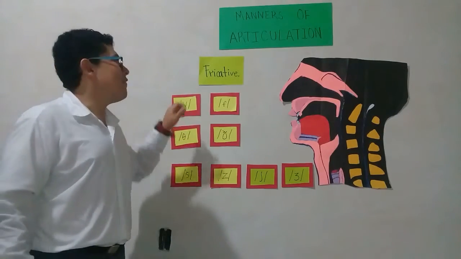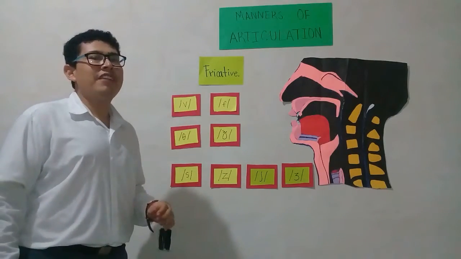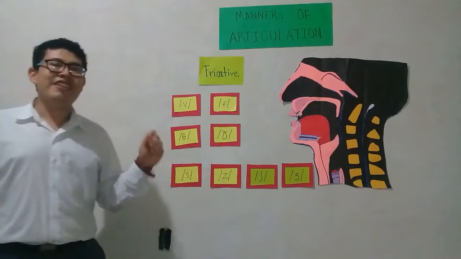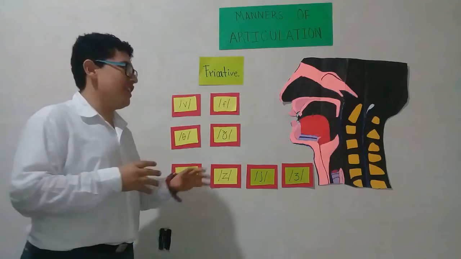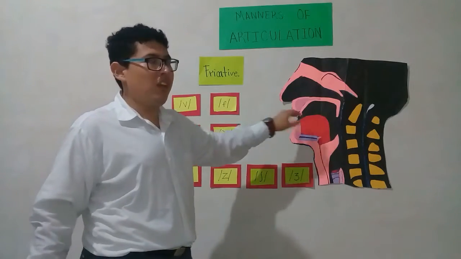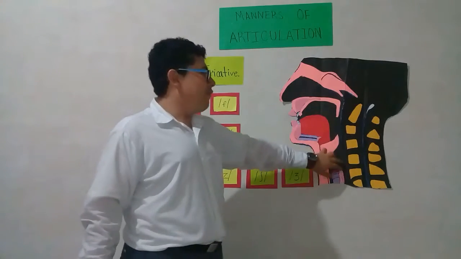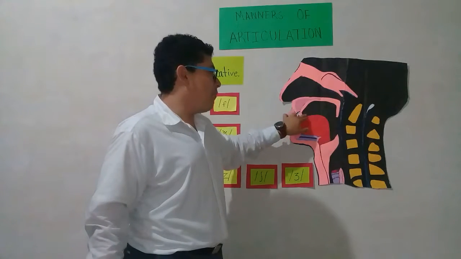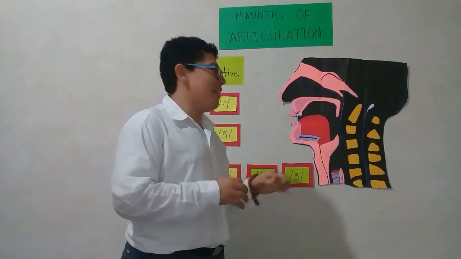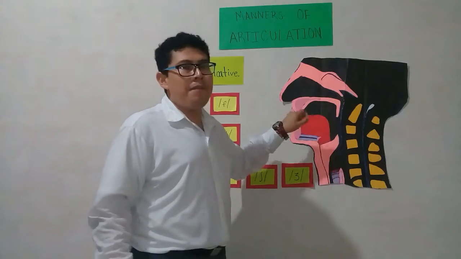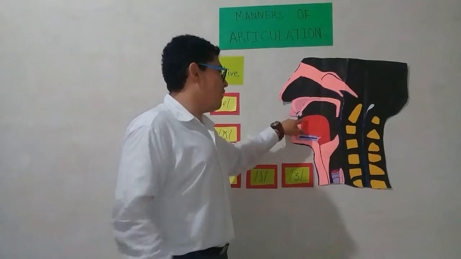Now we have the fricative sounds. Fricative sounds receive their name because they emit a kind of friction in the organs that are involved. The airflow inside the vocal tract is kind of stopped and released at the same time by the friction emitted by the organs.